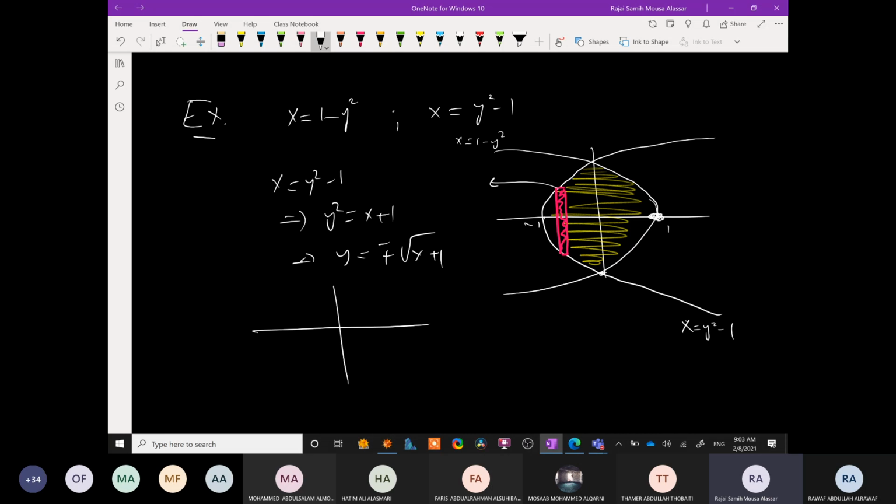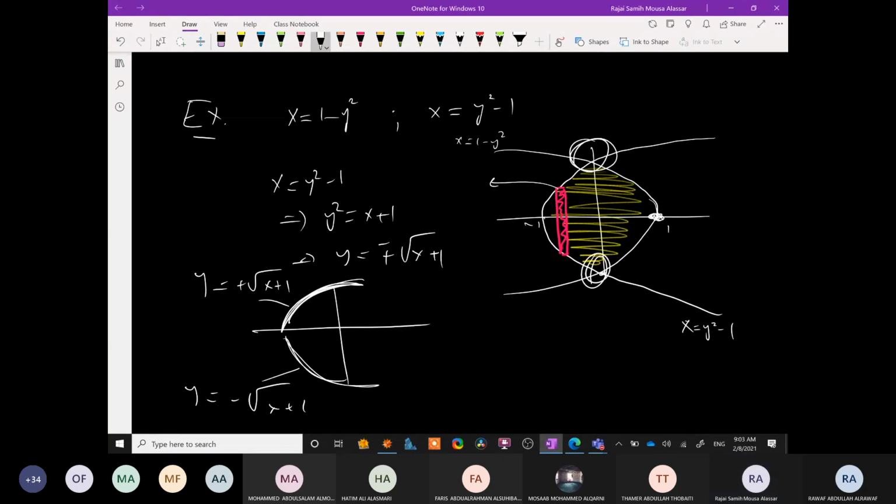Yes. And this top one here is actually the plus square root of x plus 1, and this one down here is y equals minus the square root, yes? And then you have to stop here, because when you pass through this, the top function and the bottom function will change.